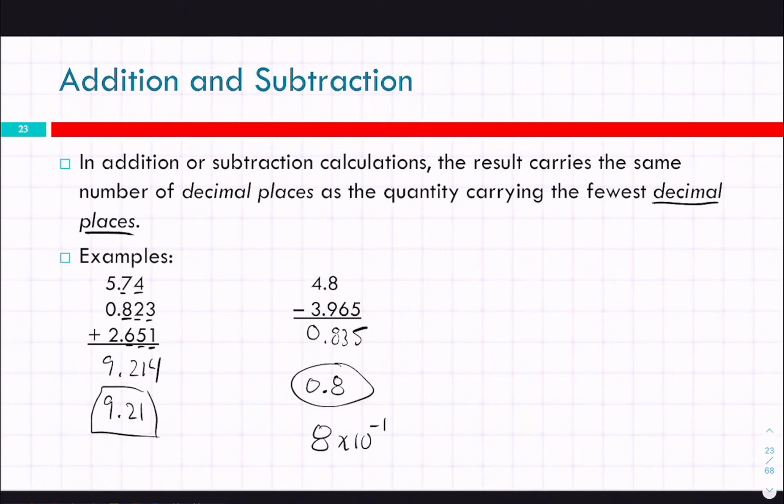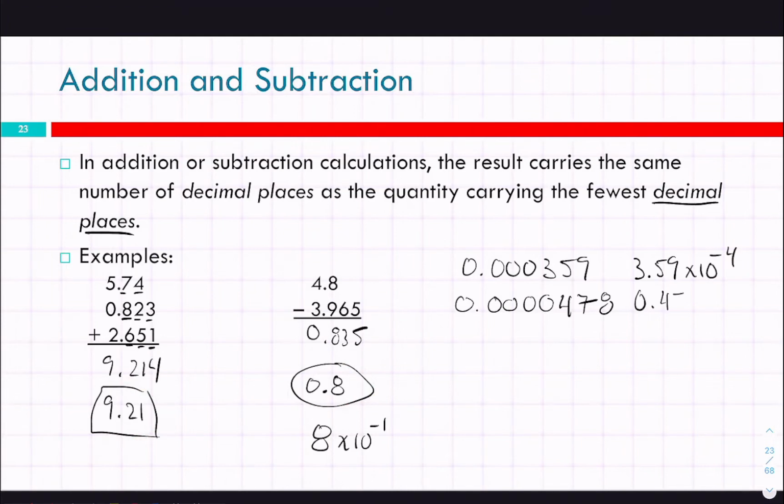So if I was looking at 0.000359 and 0.0000478, for example. Is it easier to compare them like this, or if I write it out as 3.59 times 10 to the negative 4 and 0.478 times 10 to the negative 4?